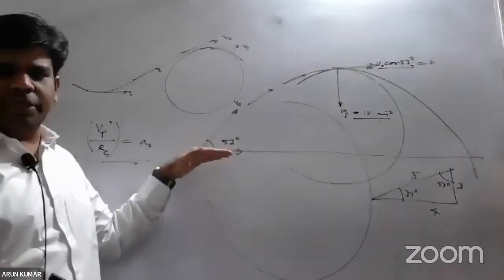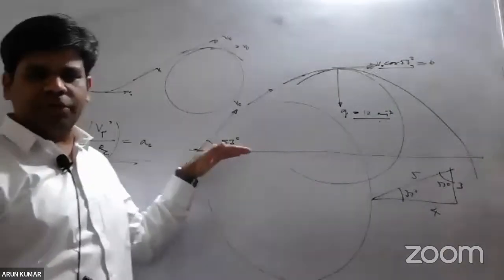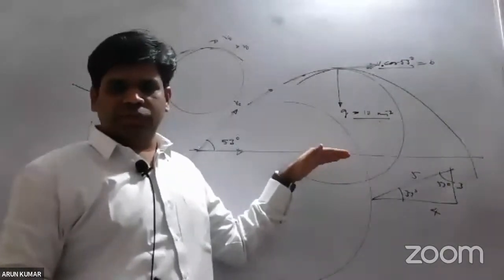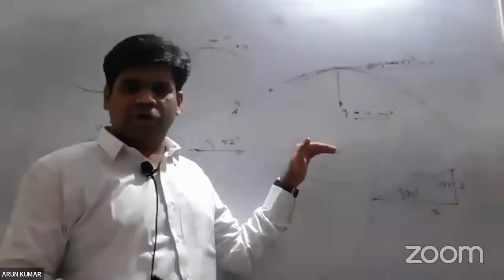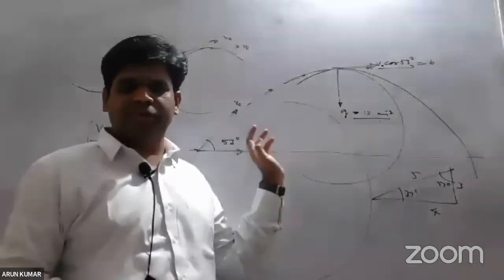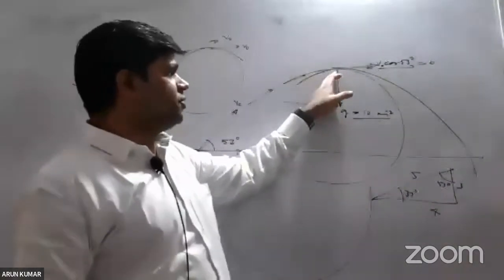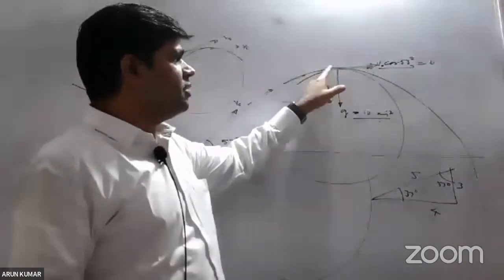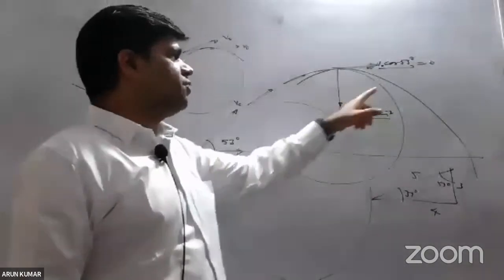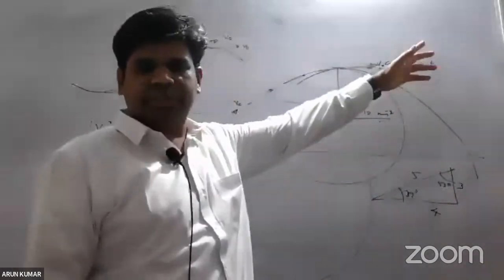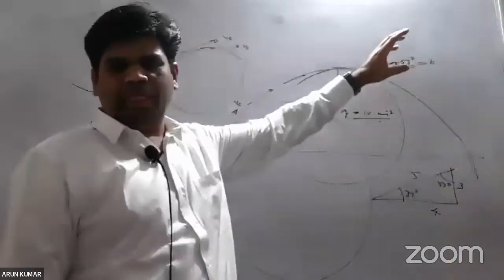The component of acceleration horizontally is 0, so horizontal velocity remains constant, which is V0 cos 53 or V0 cos theta. So here vertical velocity becomes 0. Horizontal velocity remains, equal to V0 cos 53, some Vt.